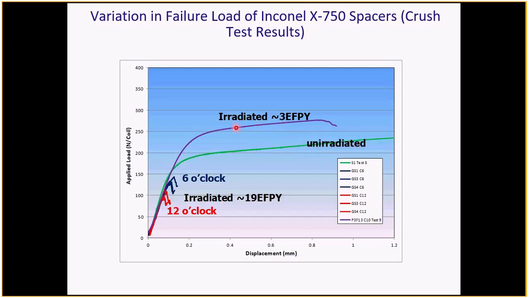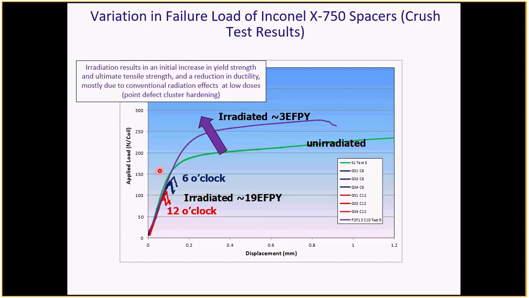So what happens here is after low dose, it hardens a bit, you get a little bit of reduction in ductility. But when you increase the dose and go further, depending on where you are, if you're at the hot bit or at the cold bit, your ability to support the load before it fails decreases. There might be a little bit of yielding here, but then it fails.